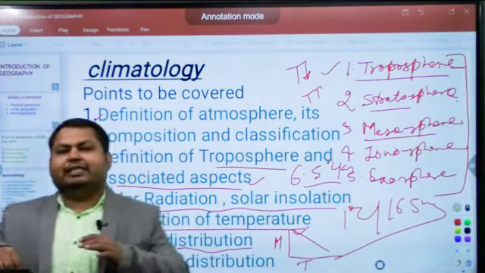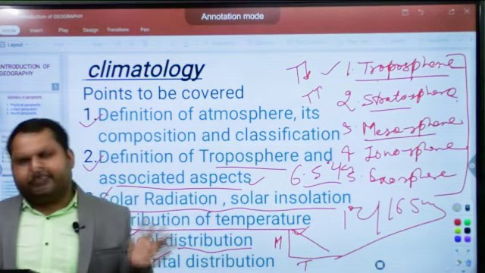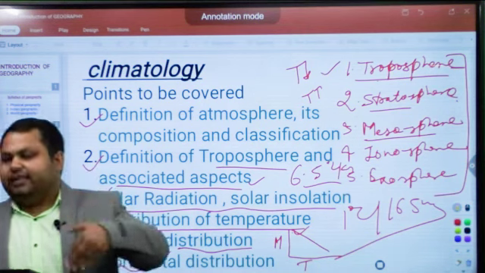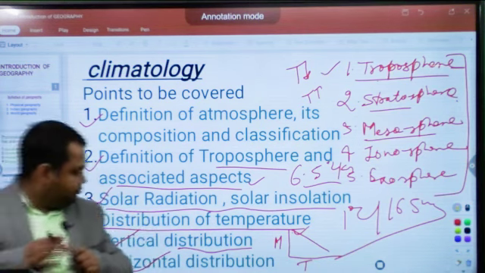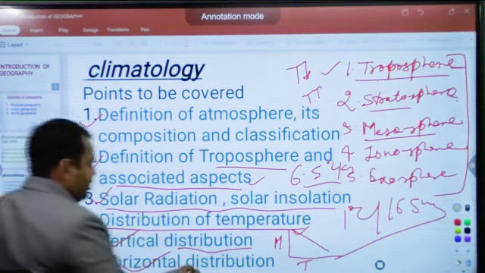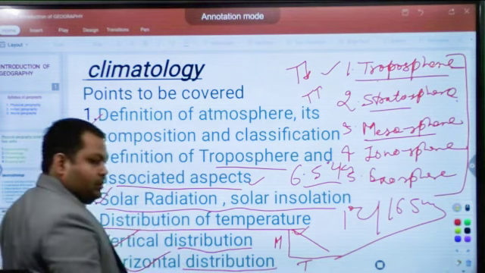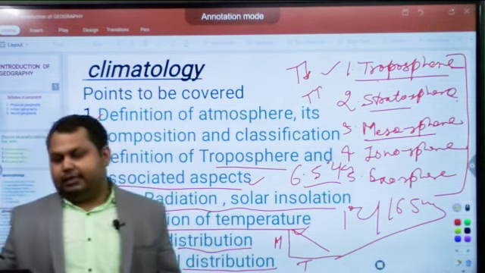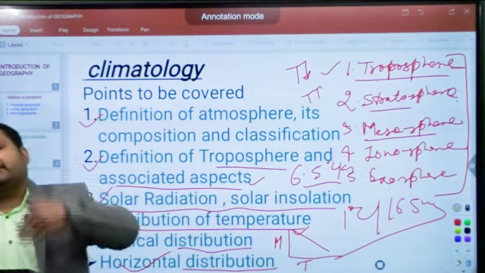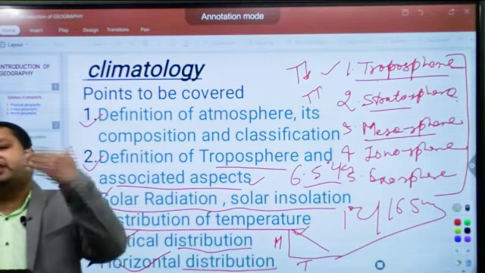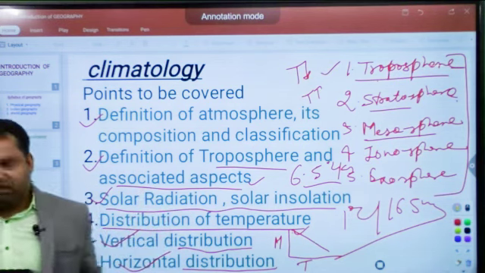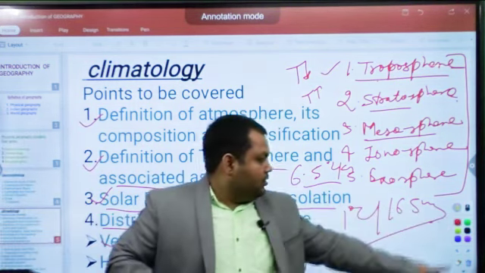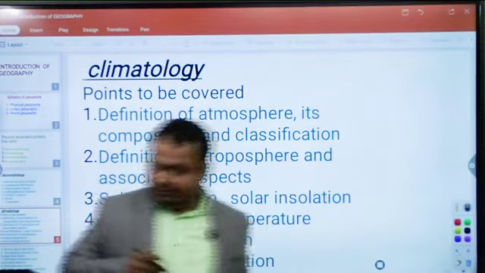Because of the increasing intermolecular distance, short and long wave radiation is trapped less with height. The next is the horizontal distribution of temperature. From equator towards pole, temperature decreases. This process of studying the temperature is called horizontal distribution of temperature.